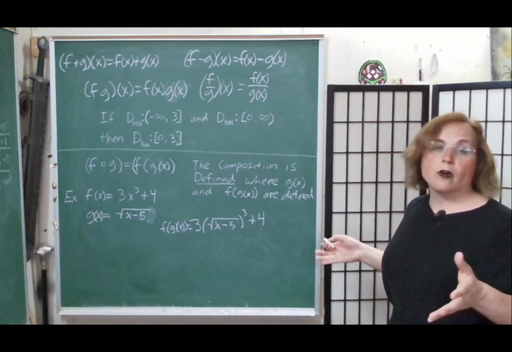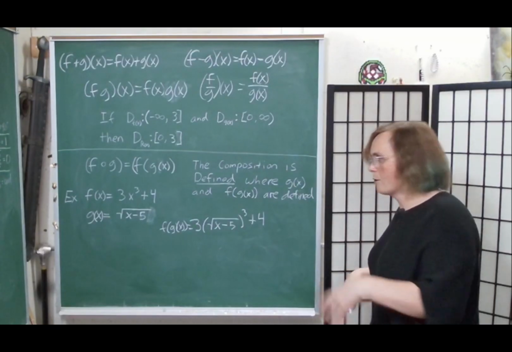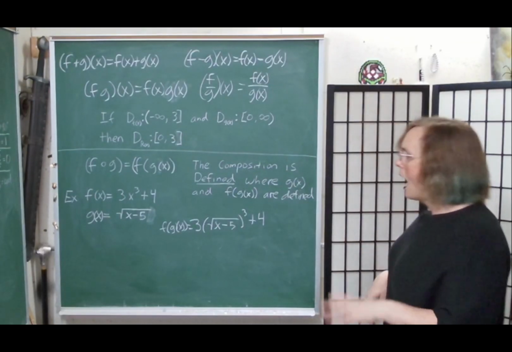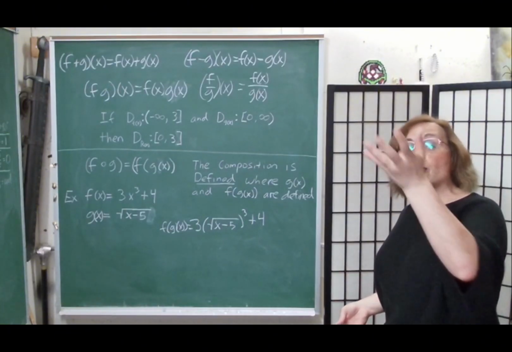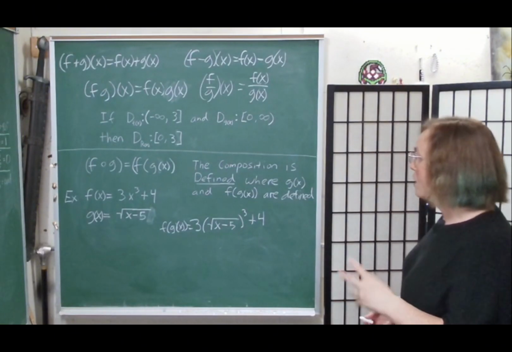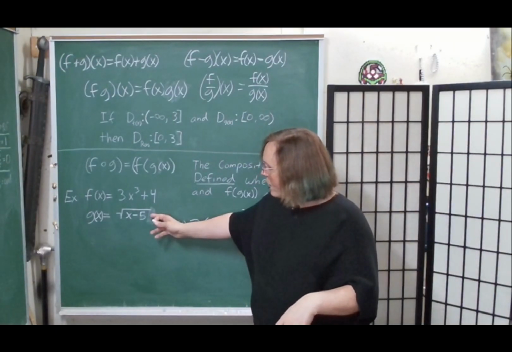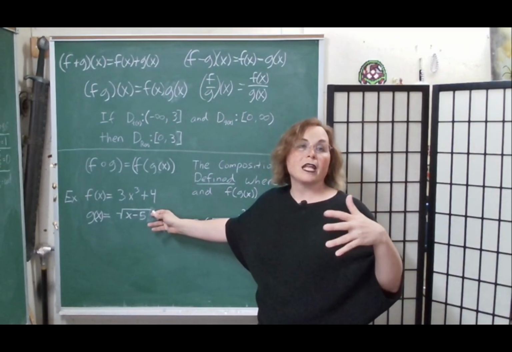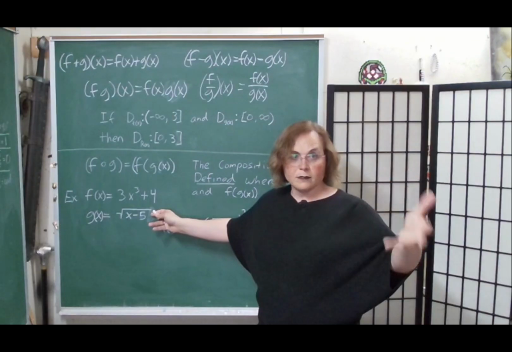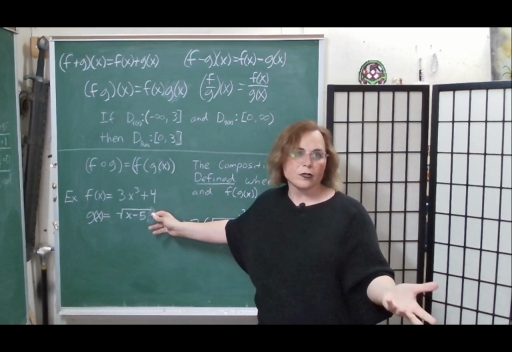Now, if we look at our just plain f of x, it is defined on all reals, so we don't really need to worry about that. It's a polynomial. Polynomials are defined from negative infinity to positive infinity. However, g of x does have a restriction, so that restriction is going to carry over into our composed function. And that restriction is we can't have a negative under our square root when we're working in the real numbers. And in this situation, unless we say otherwise, we're typically working in the real numbers.